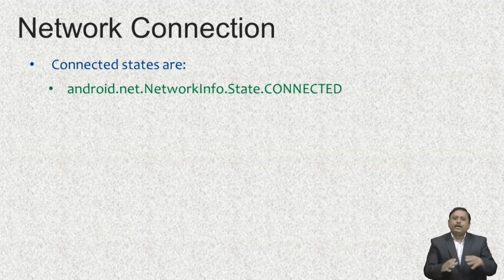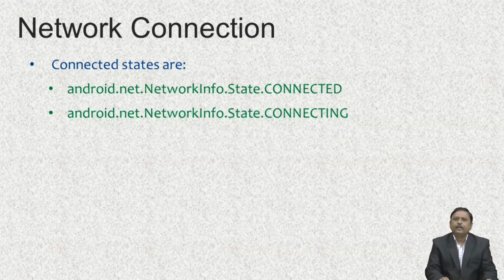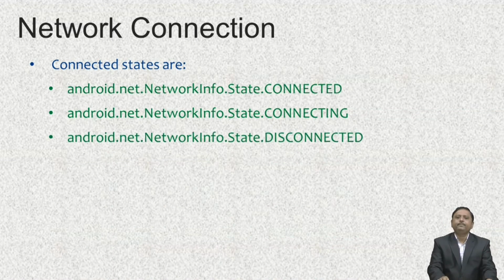Now, what are the network states? The first state is connected. It means we have already established a connection. Then during connection establishment, we are in the connecting state.